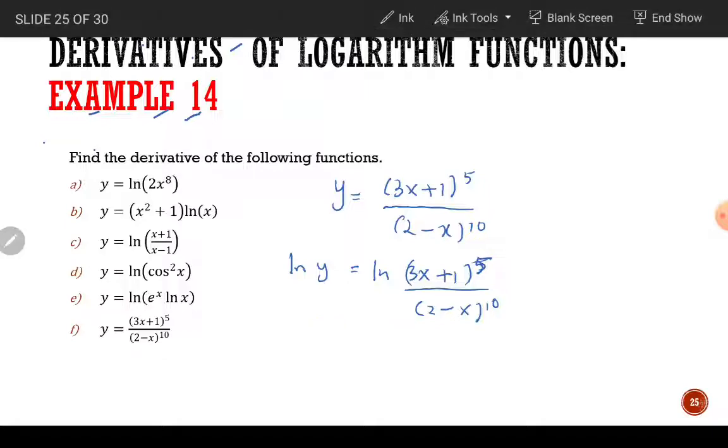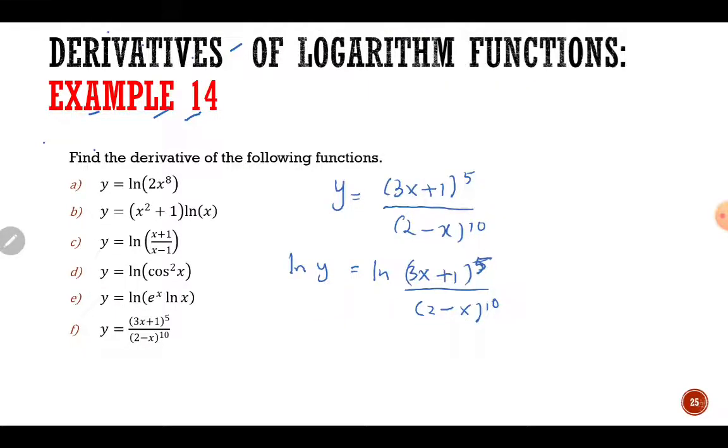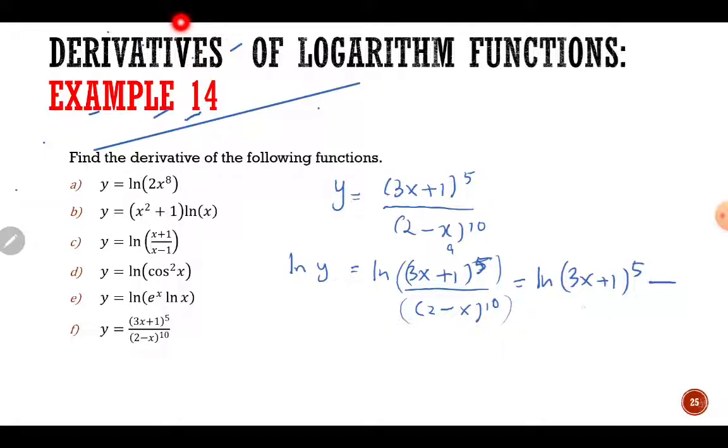Okay, so apply the logarithmic, maknanya ni adalah A, yang ni adalah B. So this is as if we have ln 3x tambah 1 kuasa 5 tolak ln 2 tolak x kuasa 10. And then from here kita akan dapat ln y sama dengan 5 ni kan kuasa kan.